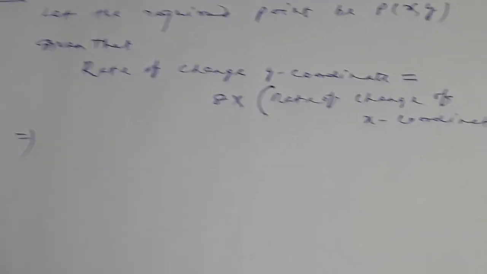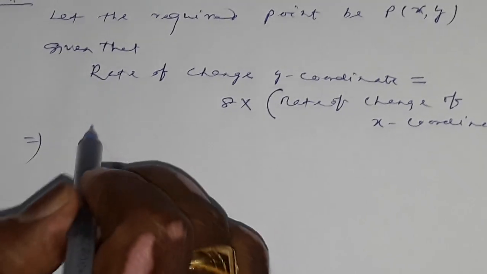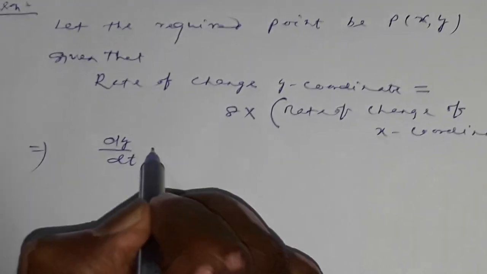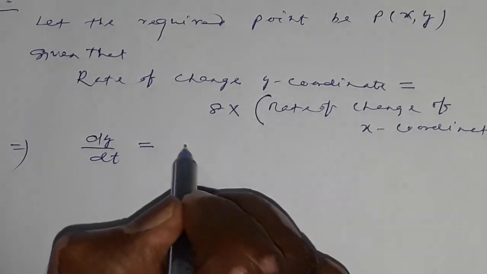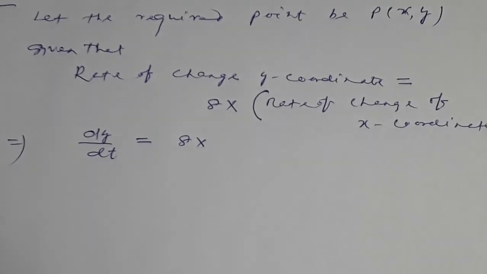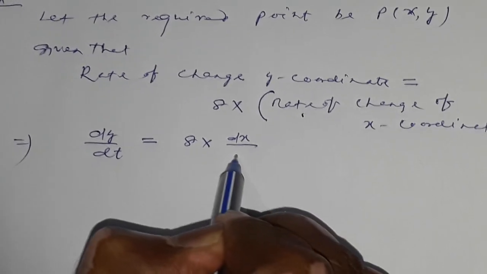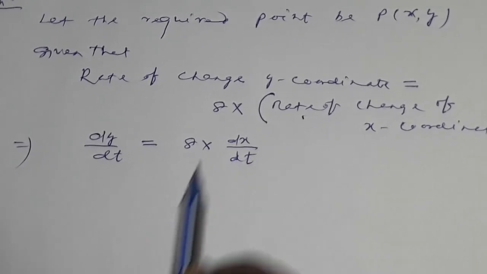This implies dy by dt equals 8 into dx by dt.